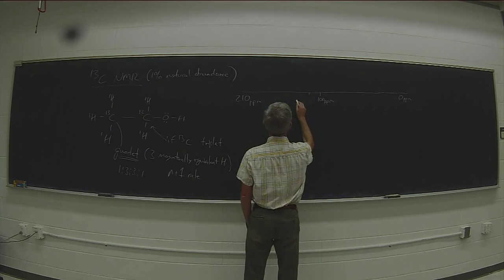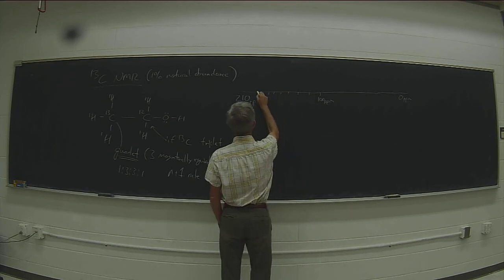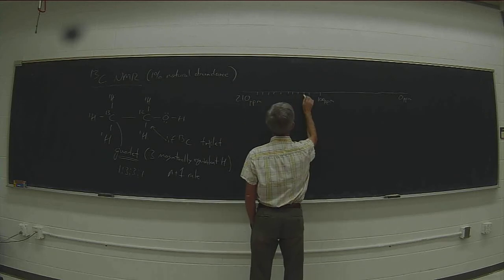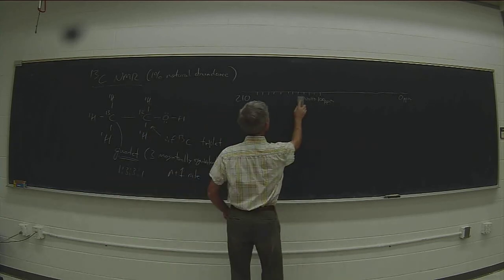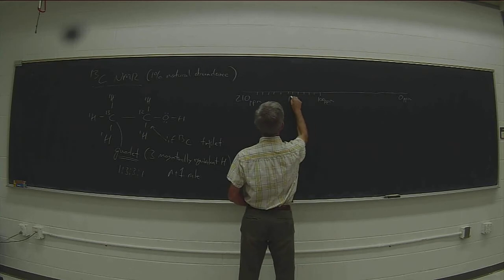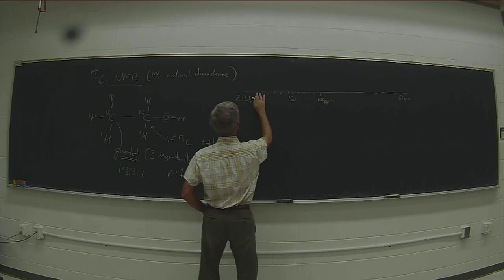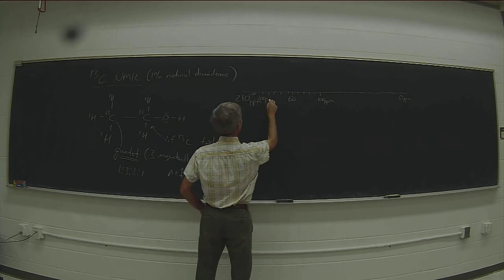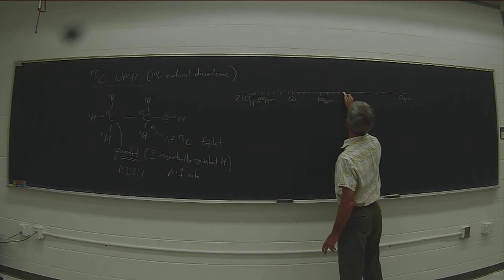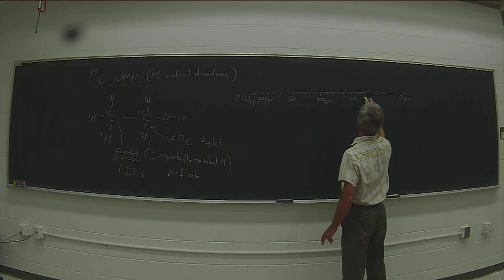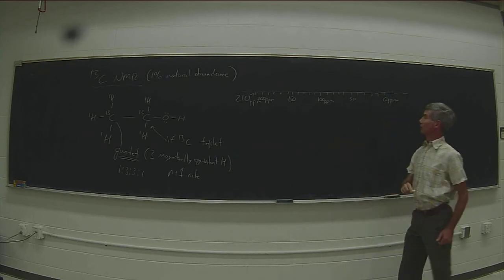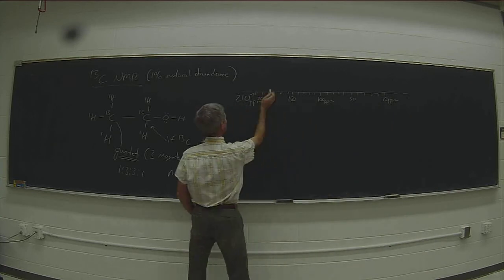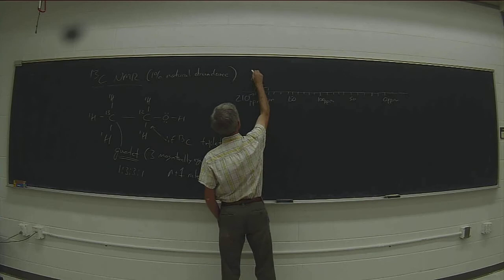But normally in this range from about 190 to 210 is where we see ketones and aldehydes.